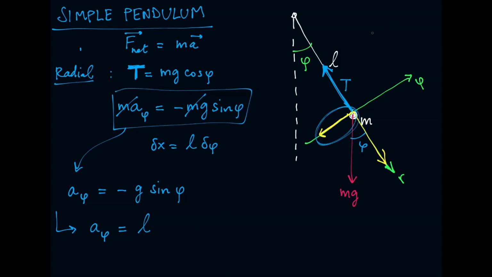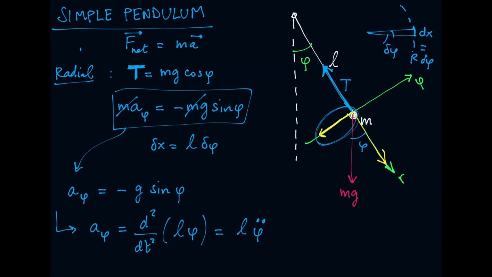If you travel a small distance along a circumference, and this is delta phi, then this delta x is equal to r delta phi. And in my case, r is simply the L, I called it L. So acceleration would be the second time derivative of L phi, with L not changing because the length of the string, the pendulum, is always the same. This is just L phi double dot. So that's simplification number one.